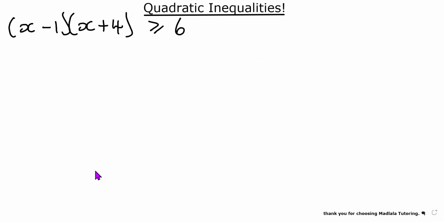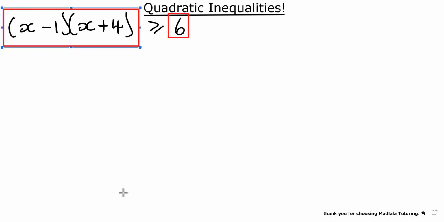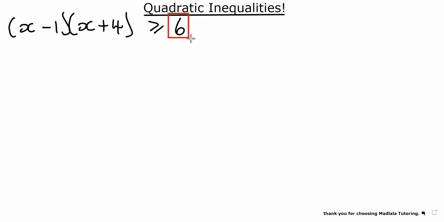So what about in this case? Well, here they say you have x minus 1 times x plus 4, and this is greater or equal to 6. If we had a 0 on the right-hand side, we were going to go ahead and state our critical values because then it will have been given to us in factored form already.